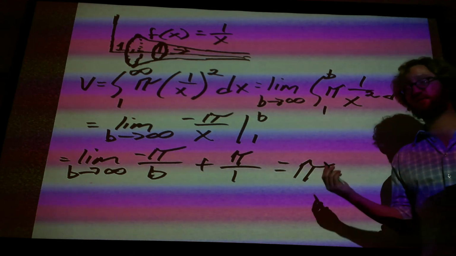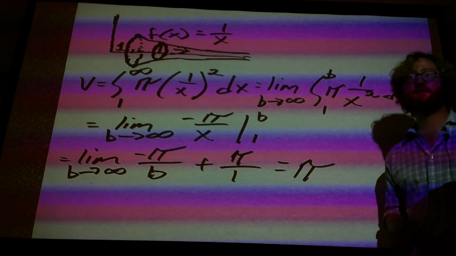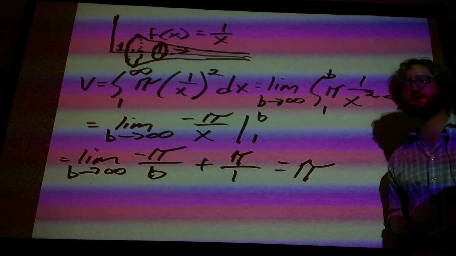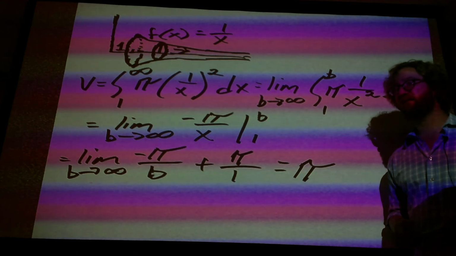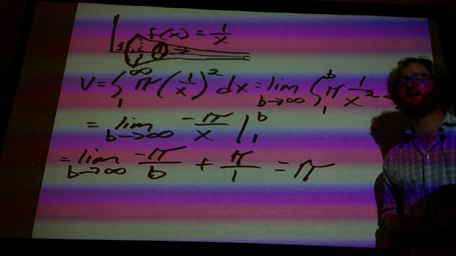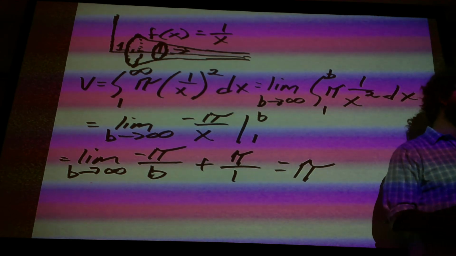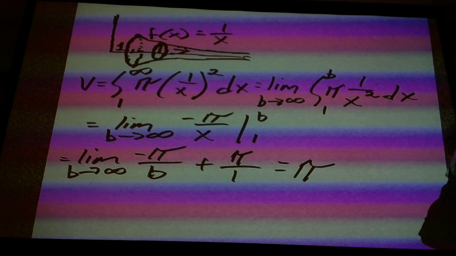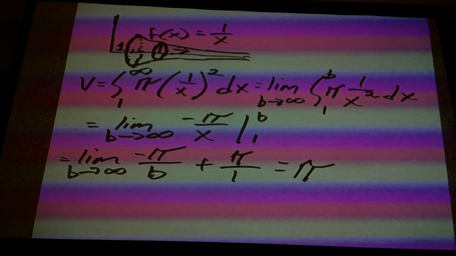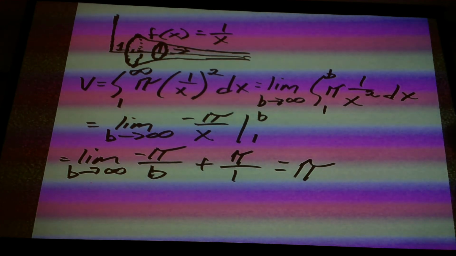This is not the only object that has this type of weird property. In certain fractals and other mathematical objects, something similar can happen, and this also has to do with the behavior of infinity.